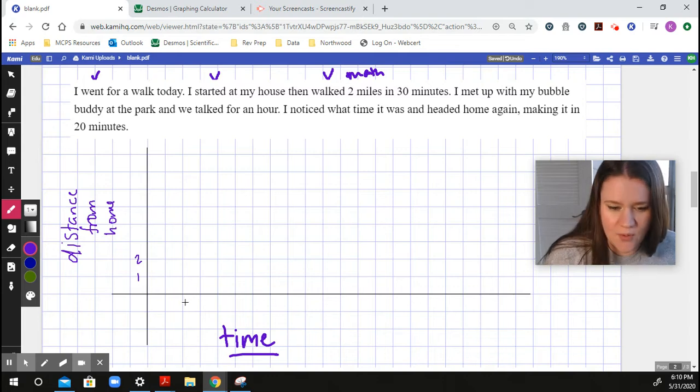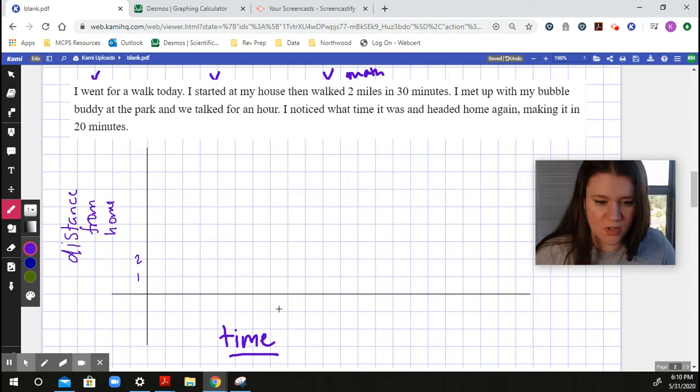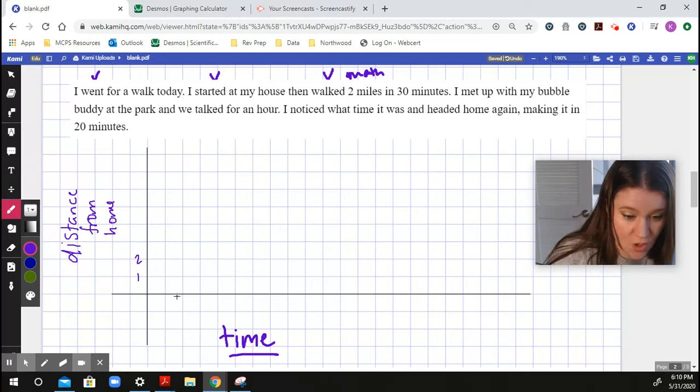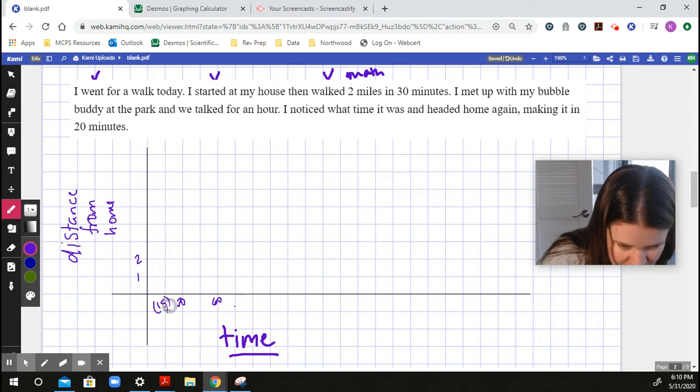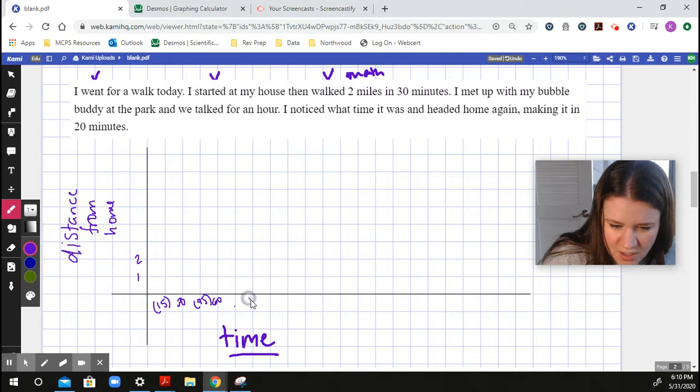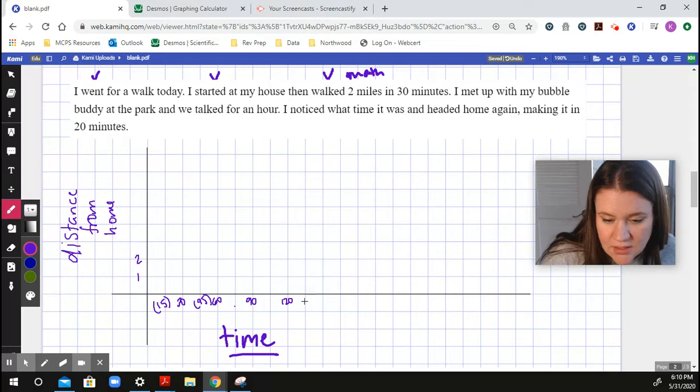And then time. All right, well, I know that there's something about 30 minutes, an hour, another 20 minutes. I don't want to make this super duper long. So maybe I'll make these each 15 minutes long. So this would be 15, 30, 45, an hour, 75, 90, 105, 120, 135, 150.